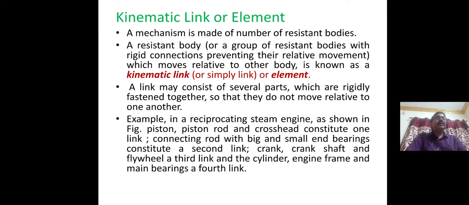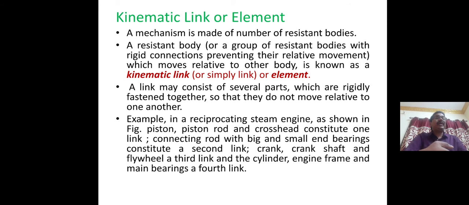Similarly, the connecting rod with big end and small end bearings: there is no relative motion between the big end and small end bearings and the connecting rod, so that can be considered as one link. Similarly, the crankshaft and flywheel form a third link, because there is no relative motion; whatever the speed of the crankshaft, the flywheel has the same speed.